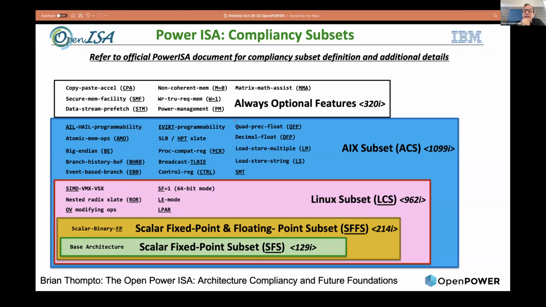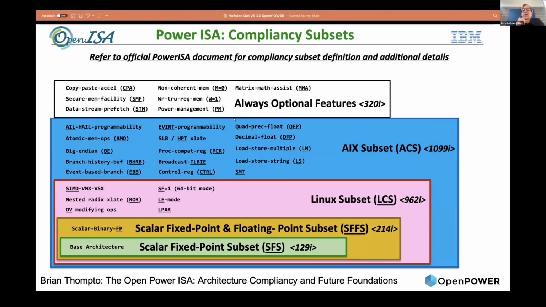And then finally, there is a set of optional features that are a variety of optimizations that the compiler will understand, might not always be present, right? So it'll only generate code for those if they're known to be present in an implementation, right? So you can choose an implementation at each of these levels.